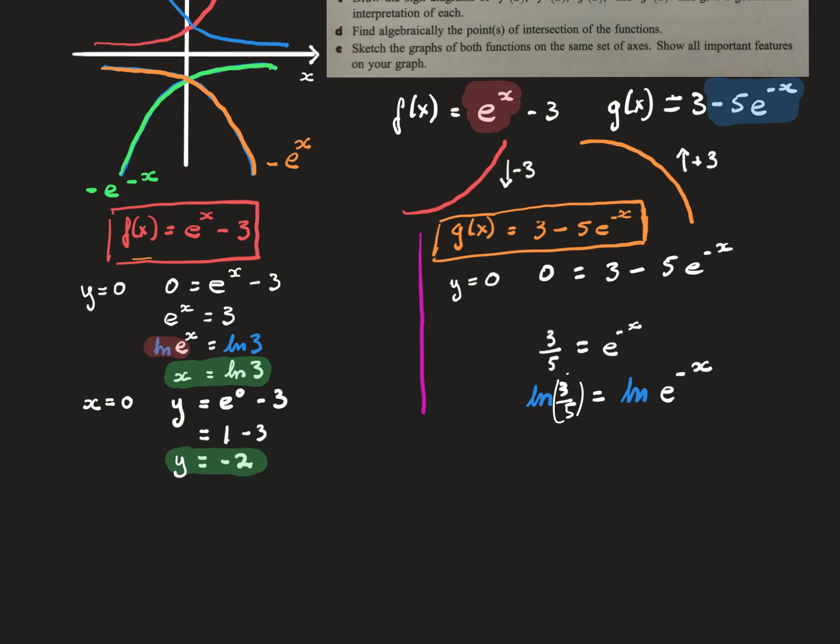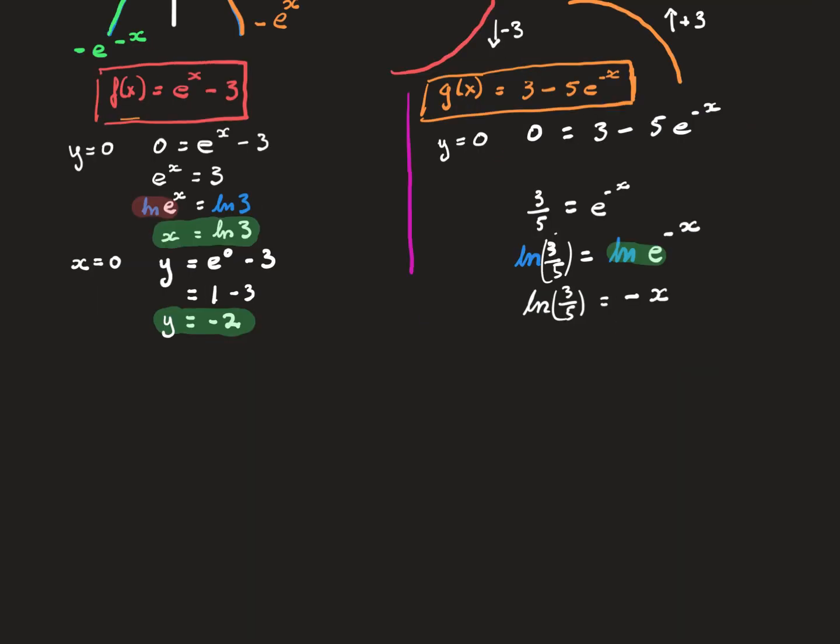Now there's a problem over here because I've got the minus, so I'm going to use the log law and put that minus to the front, because once again our ln e disappears.